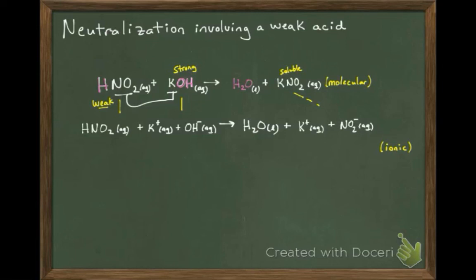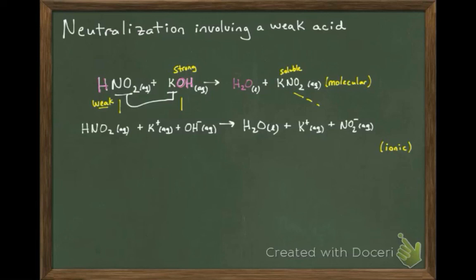There you go, and that is the complete ionic equation for this neutralization reaction. And notice that there are two things that we left alone from the top: the weak acid, which doesn't completely ionize or ionize appreciably in water, and the H2O in the product.